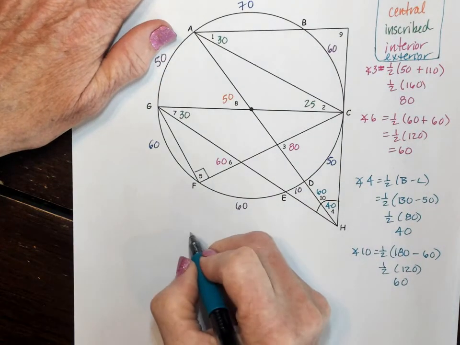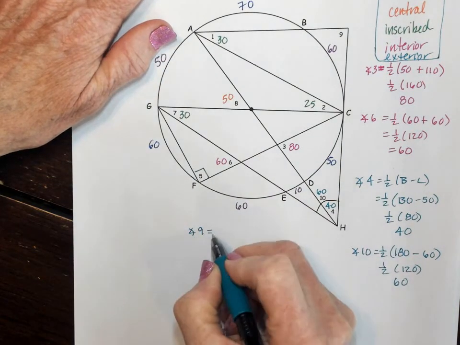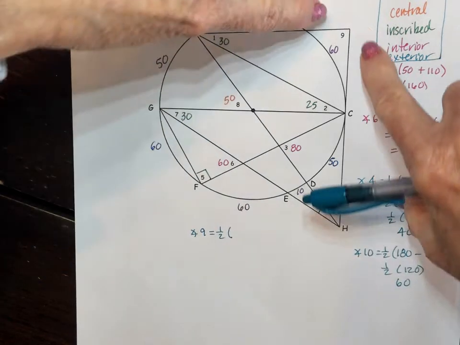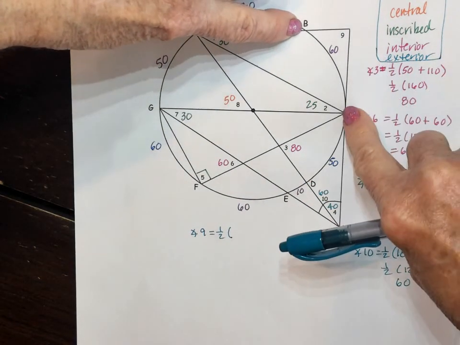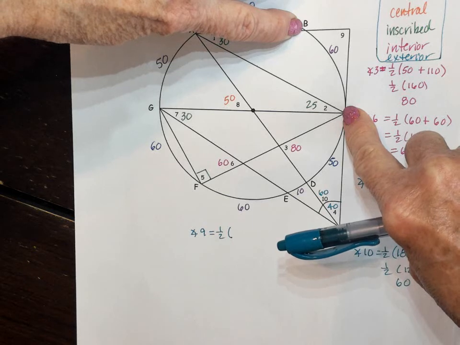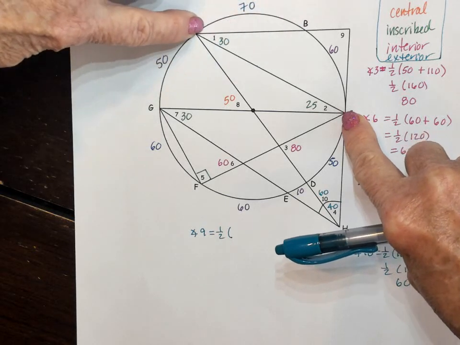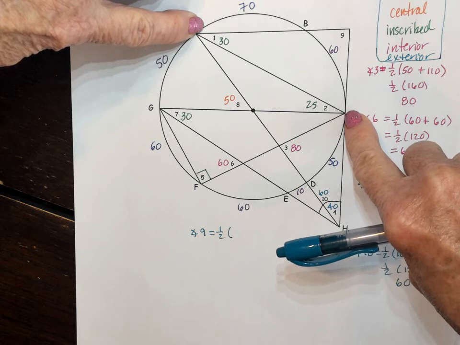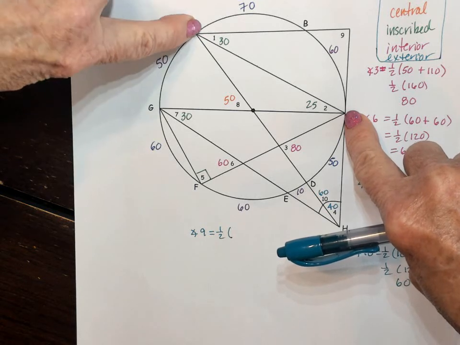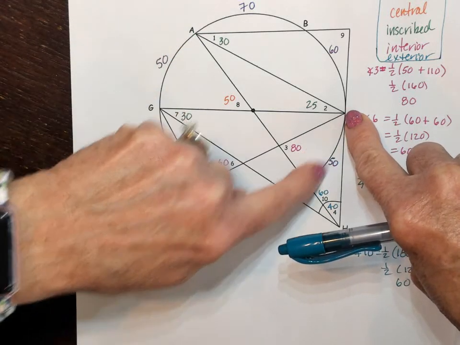One more. Angle 9, half of the big arc minus the little. Well, first off, here's 9. The little arc is 60. Now angle 9's big arc, all of that.